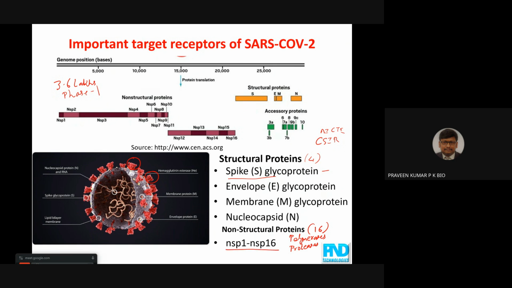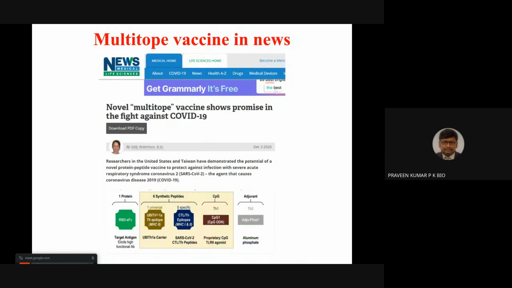So we have 16 non-structural proteins. You know why I'm bringing up SARS-CoV-2? I'm bringing it up to study with an example, because whatever peptide-based vaccines we are going to discover from reverse vaccinology, we have to use for an application, isn't it?